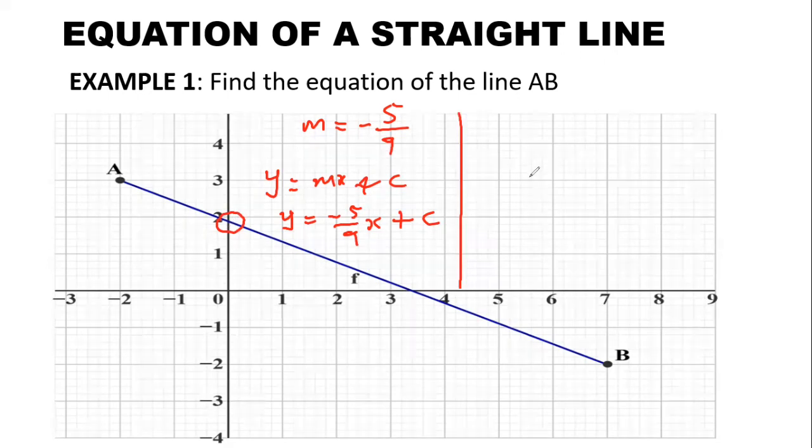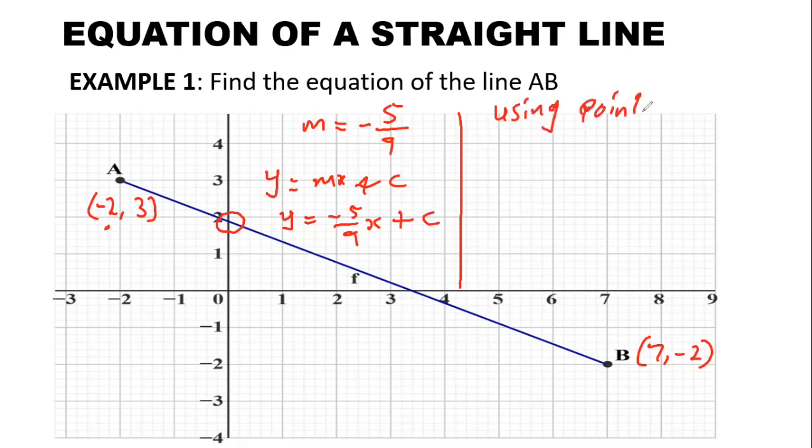But we go on to determine the value of c by substituting any of the points into the equation. So we have point A, which is negative 2, 3, and point B, which is 7, negative 2. We can substitute any of these 2 points into the equation to determine the value of c. Using point A, y is 3 and x is negative 2.